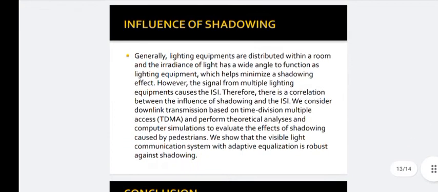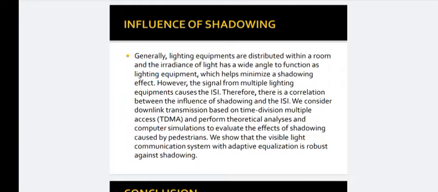This is the influence of shadowing. Generally the lighting equipment is distributed within the room and irradiates light over a wide angle, which helps minimize the shadowing effect. Therefore there is a correlation between the influence of shadowing and the ISI.